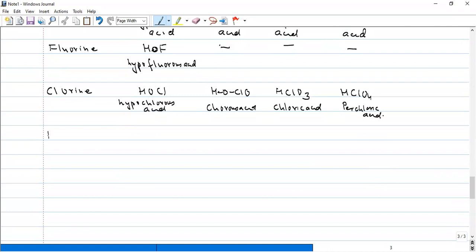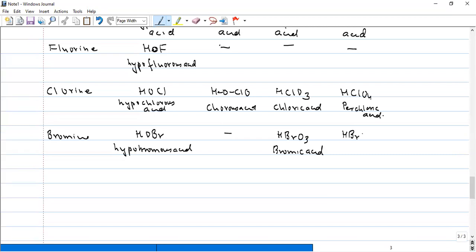Bromine forms HOBr, hypobromous acid. It doesn't form bromous acid, but it forms HBrO3, bromic acid. And it forms HBrO4, perbromic acid.